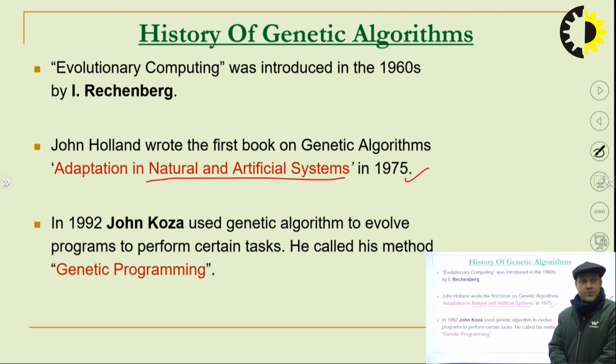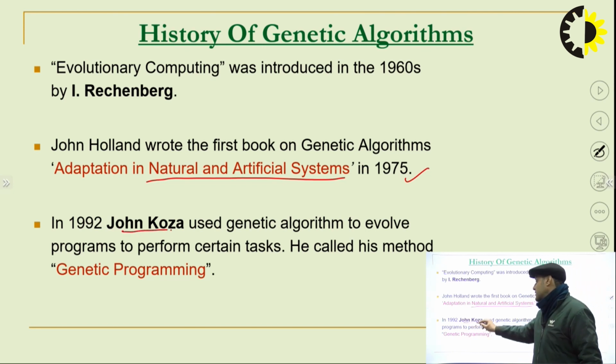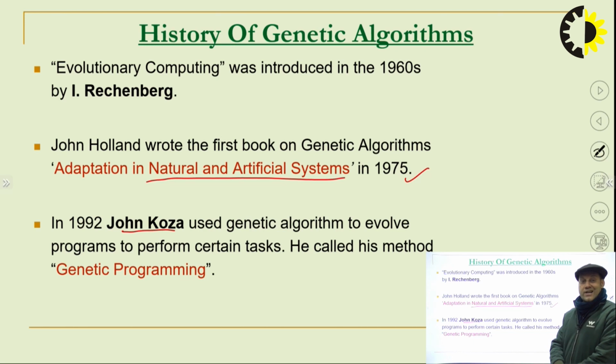In 1992, John Koza, a very famous name, used genetic algorithms to evolve programs to perform certain tasks. Because in programming, we use several logical techniques, and different programs can be solved using different techniques.